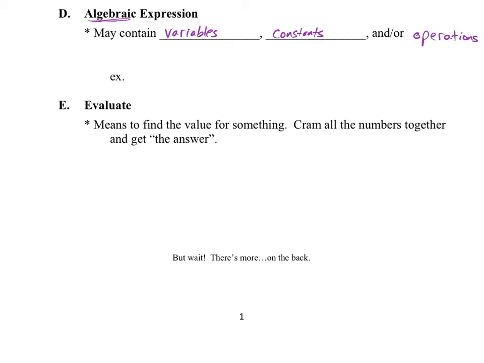So variables, x, y, that's what makes it algebraic. The operations would be like plus, minus, multiplication, that sort of thing. So an algebraic expression could be something like A equals 2 pi r. So the area of a circle, 2 times pi times the radius of the circle.